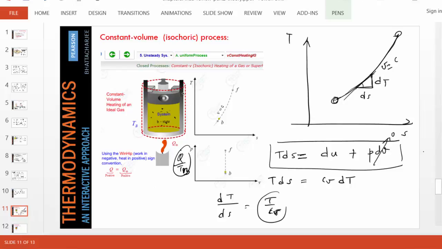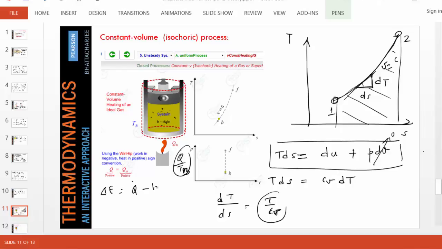Coming back to this process, if you're heating a gas, it will go from, let's say, state 1 to state 2 along this line. And as you recall, the area underneath will be proportional to the heat transfer. That's from our understanding of an internally reversible process. Of course, there is no work transfer because the system boundary is not moving, so there is no change in volume. Boundary work is 0. If we apply the energy equation to this system, it's really simple.